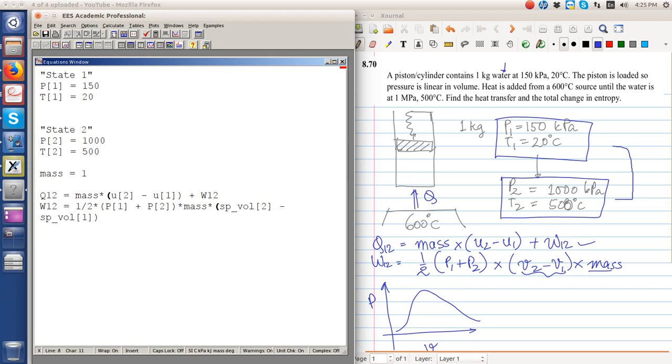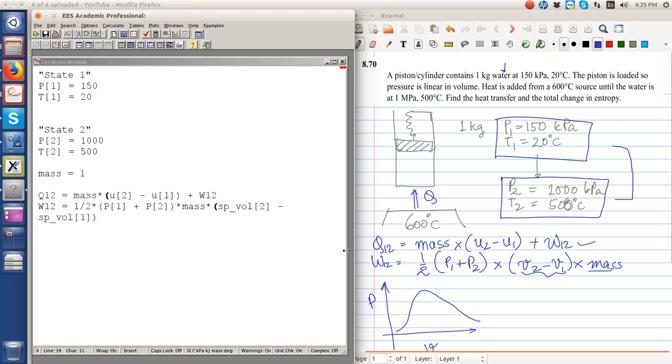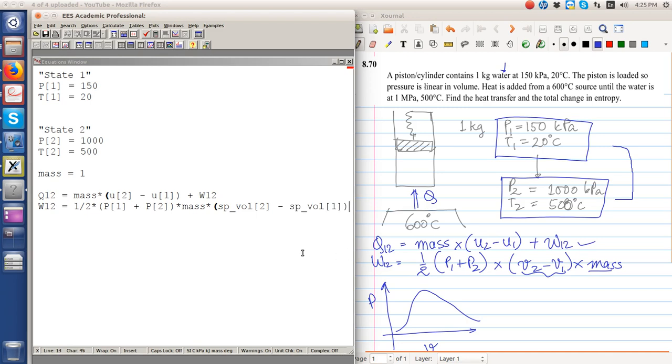This is the area of the trapezoid. Okay, so let us check for consistency between the units. This is in kilojoule, so correspondingly this must also be in kilojoule. This is in kilopascal, this is in meter cube. Therefore everything is consistent.